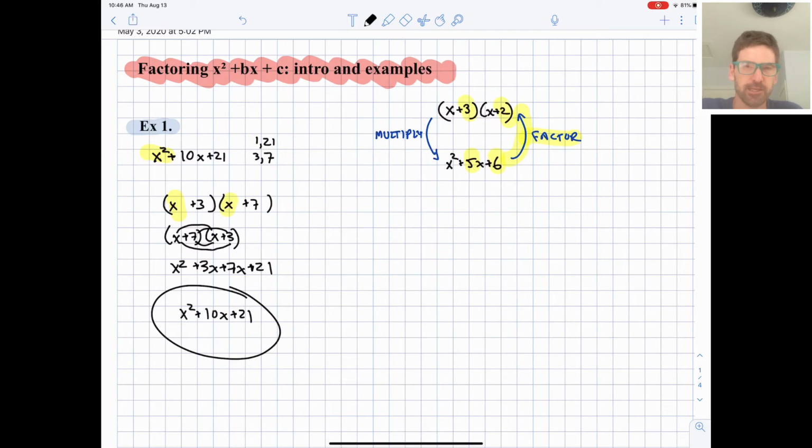Did I need to do a full FOIL check? Maybe not. I wanted to show you because it's important, but perhaps you could have just checked the O, the I and the L, because the F term is already set up to be x squared. So you can check each piece separately.